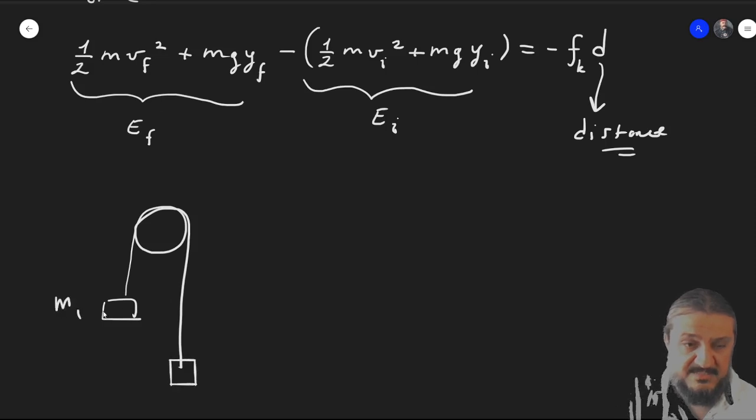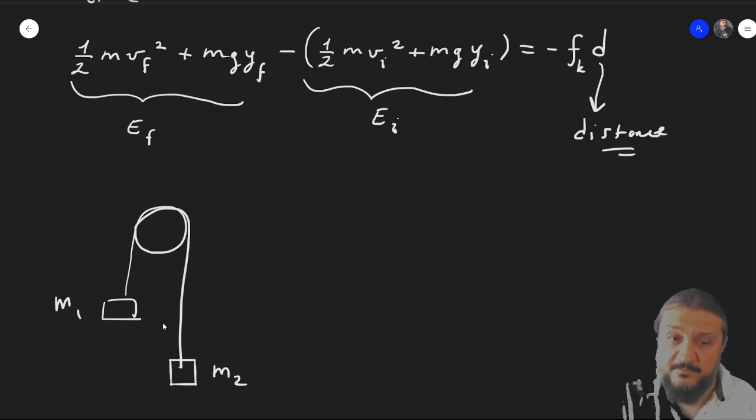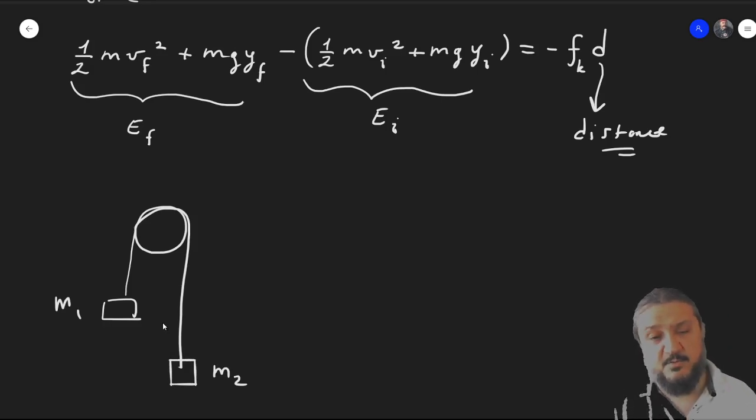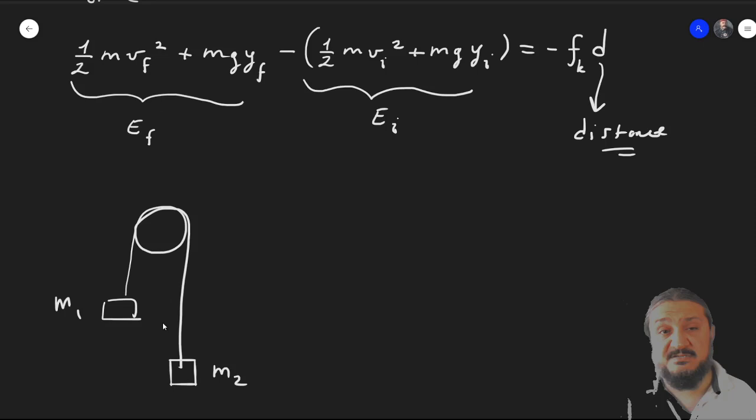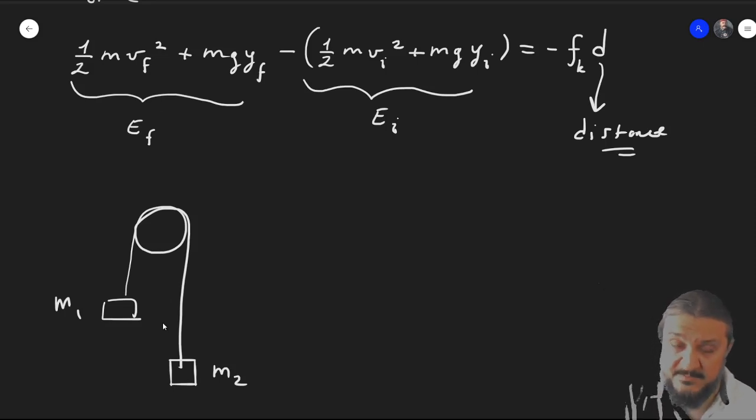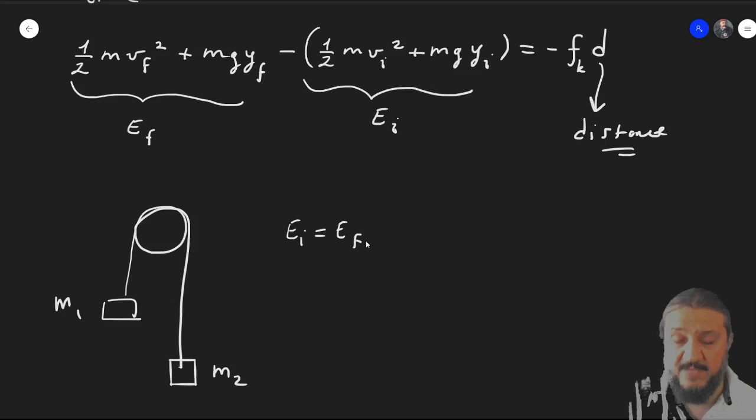But there are two masses now. And gravity acts on both, obviously. So we now have to solve this kind of problem. Solving it means finding the acceleration and the tension in the rope, right? This can be solved using energy methods. And if you ignore friction, you just have to use this simpler form, EI equal to EF.